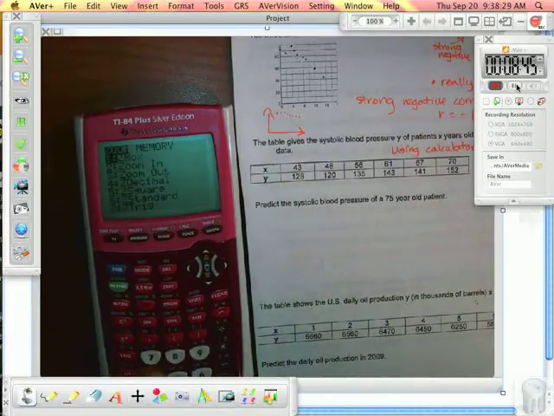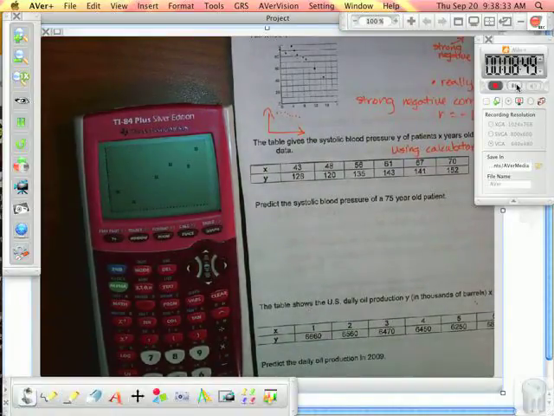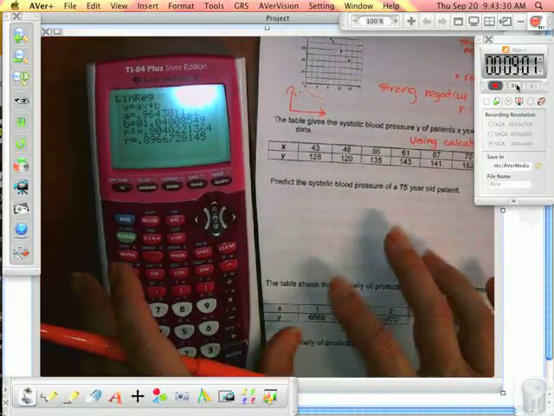Zoom fit, so that's number 9. You could just second quit, that's 0 for me. Did it look like this? Zoom 9, that's zoom fit. Take a look. You guys just look at mine.